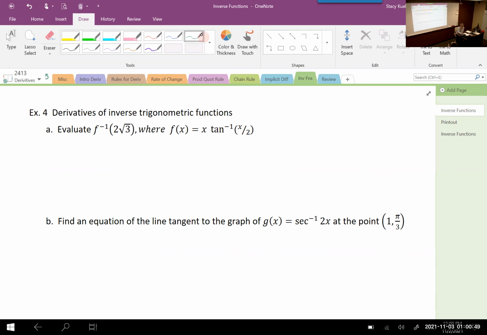Let's just make sure we remember, where does inverse tangent reside? It also resided between negative and positive pi over 2. So let's take the derivative of the function that we have right here.